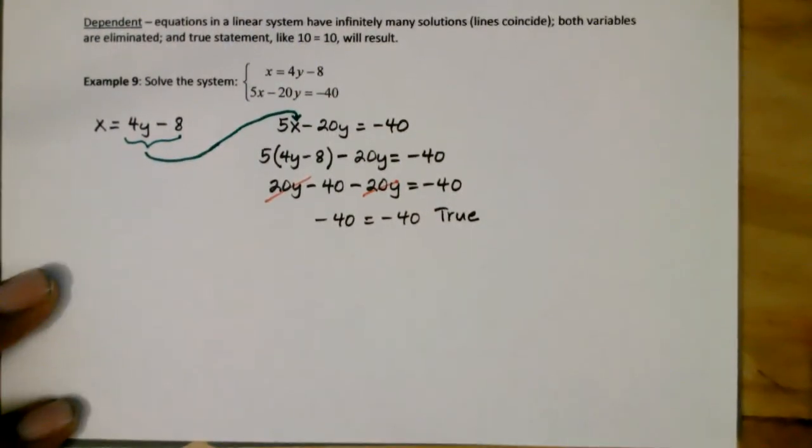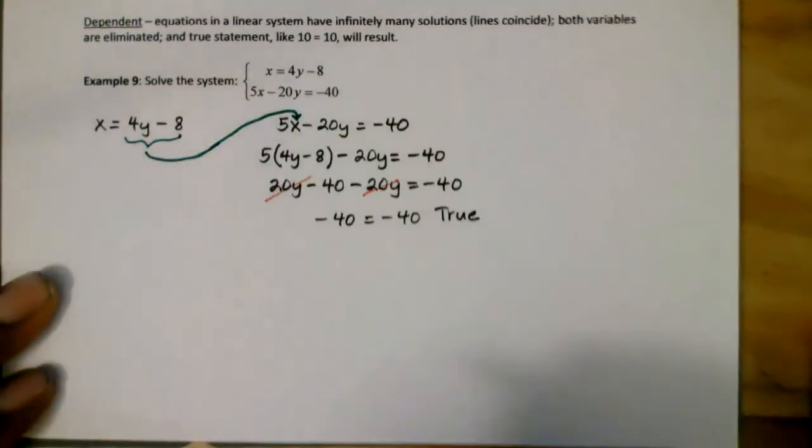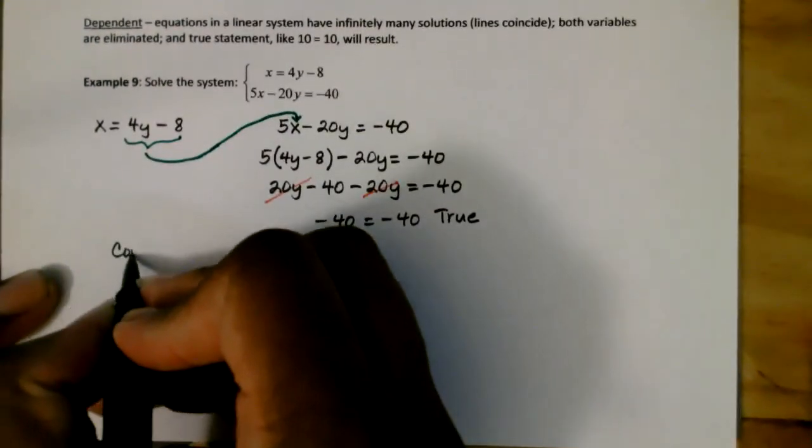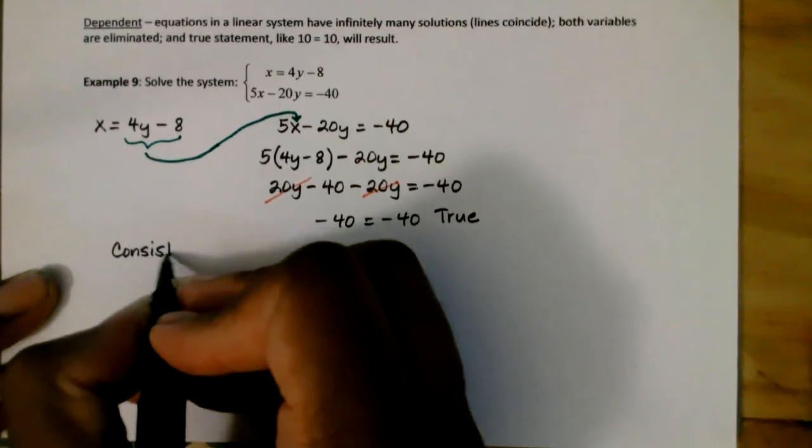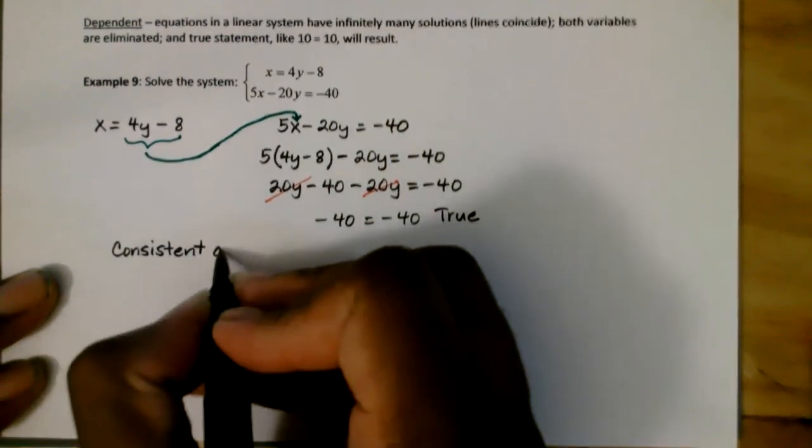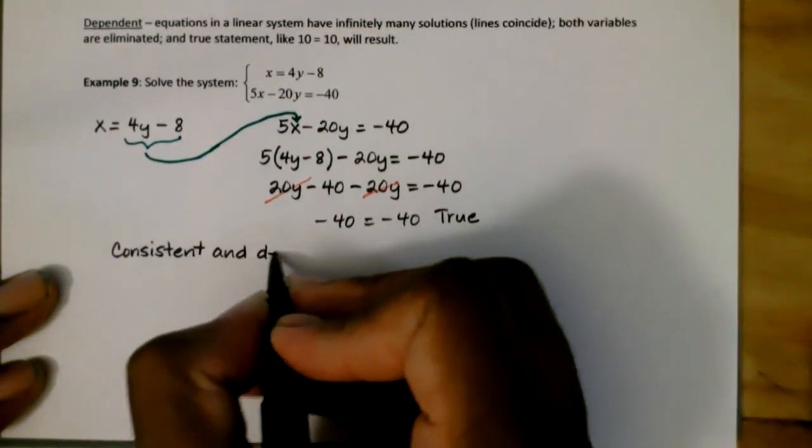So this is a case where this system of linear equations will be consistent and dependent.